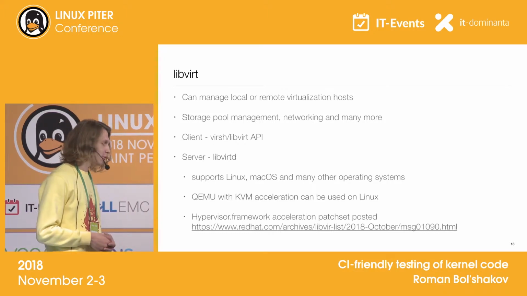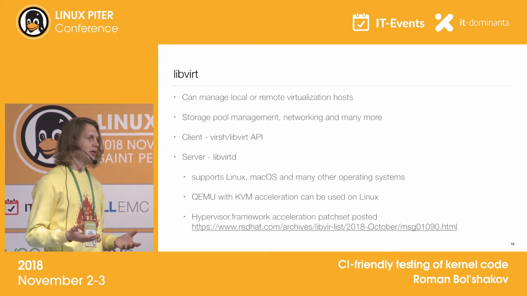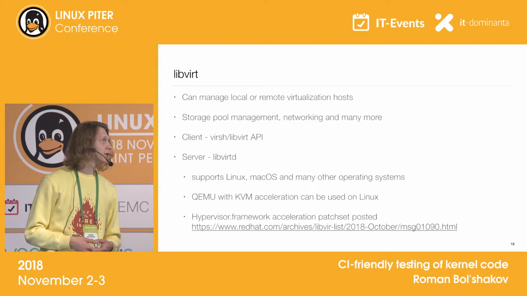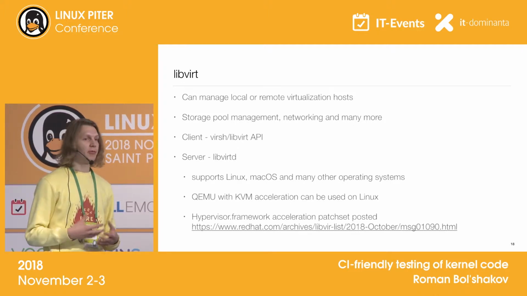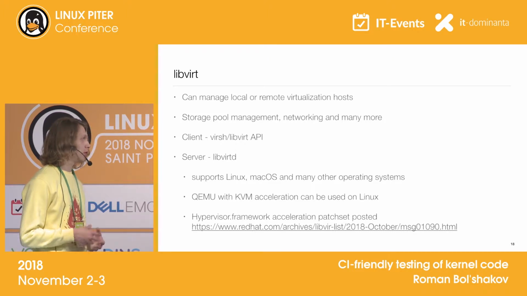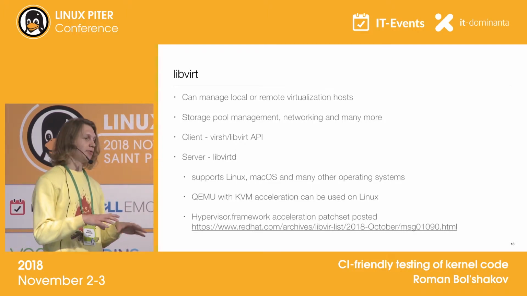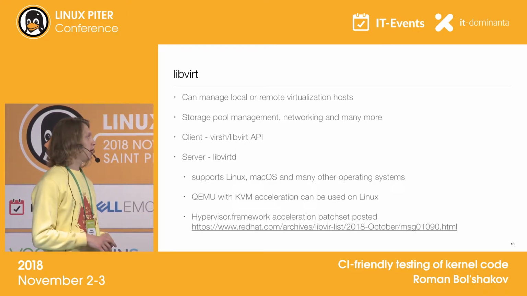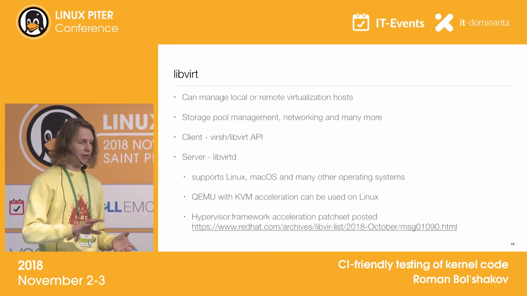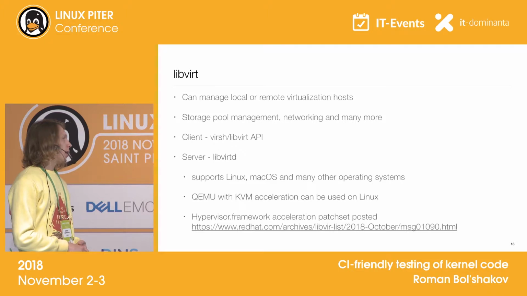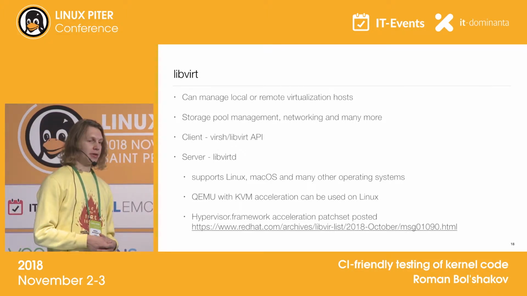It's the client part, or if you would like to have the software, you can use libvirt API on Python or on other languages. There is the server. Server is libvirtd, which unfolds the virtual machines. And it works with the virtual machines. It can stop them, interrupt them, sending out commands to virtual machines.